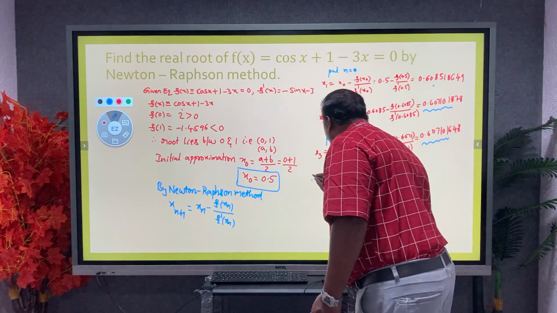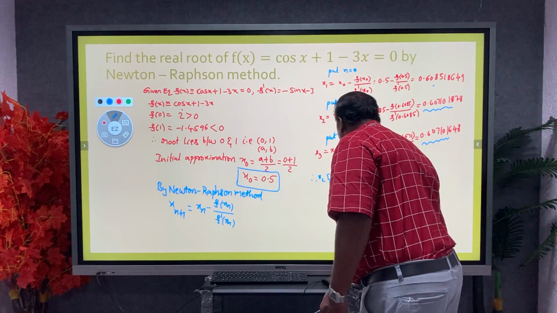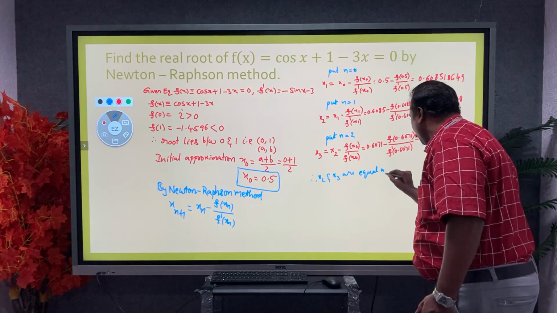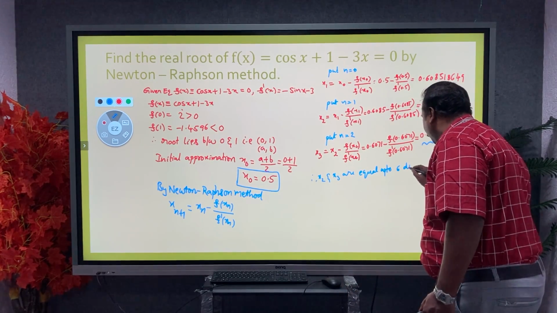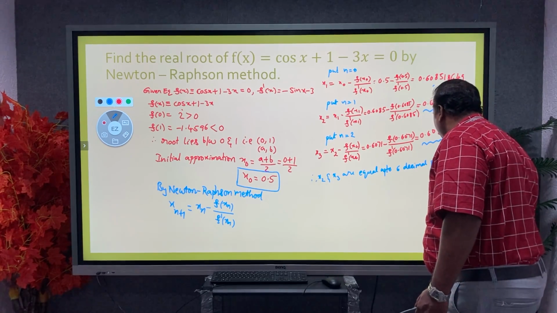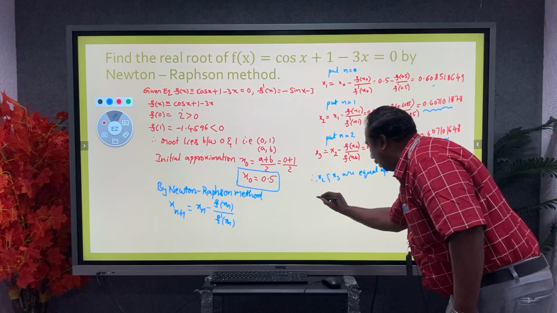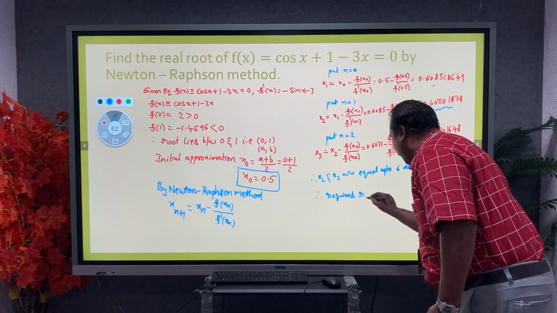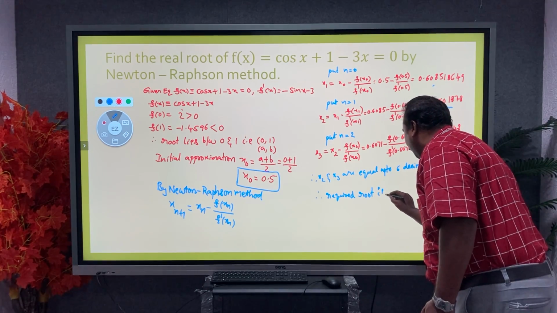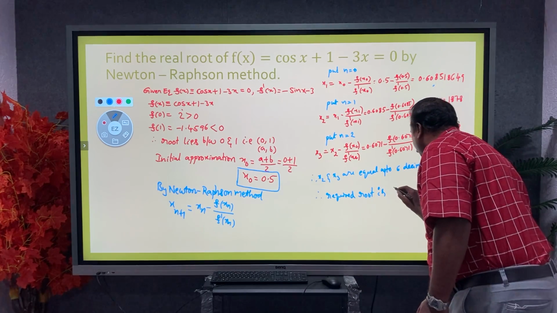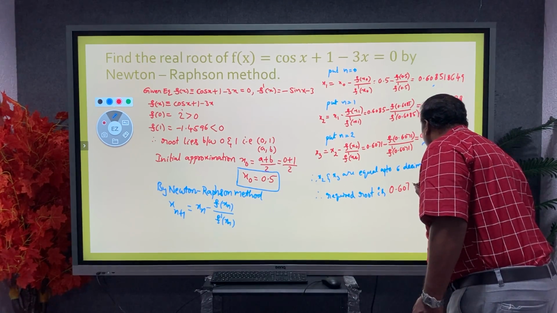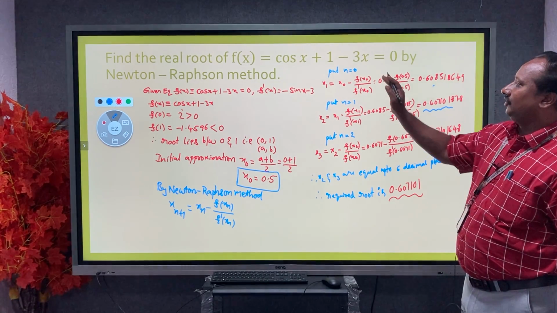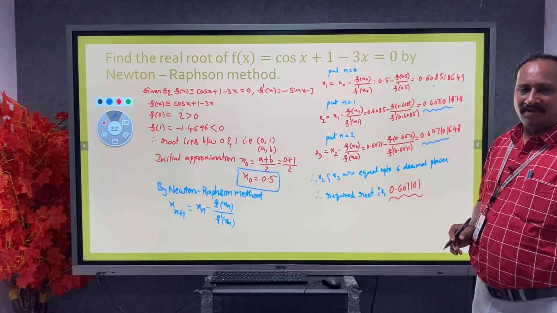Therefore the required root of the given equation is 0.607101. So this is the answer. This is the root of the given equation cos x plus 1 minus 3x equal to 0.